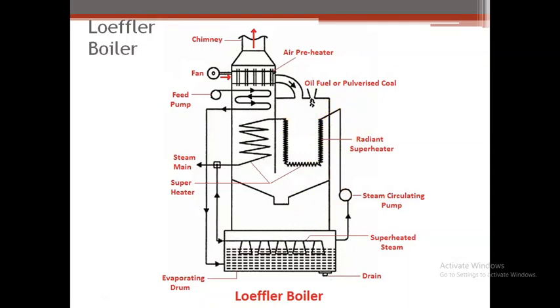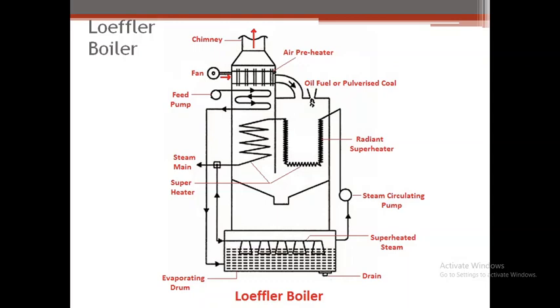In the superheater the saturated steam is converted into superheated steam, which can now be used for rotating the turbine blades for the generation of electricity.